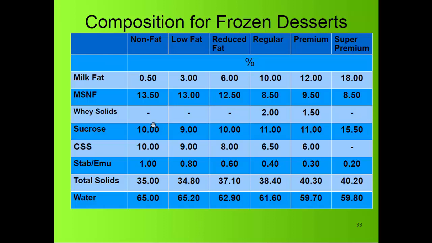For super premium, we have about 40% and about 60% water. So notice that we had to play with things to get about 35 to 40% total solids. They're all around that range, no matter if it's non-fat or regular or super premium. And there's about the same amount of water in all. I mean, we go between 60 and 65%.